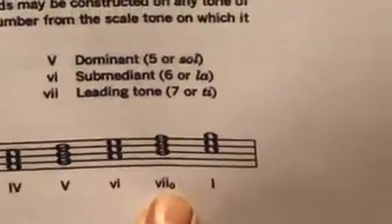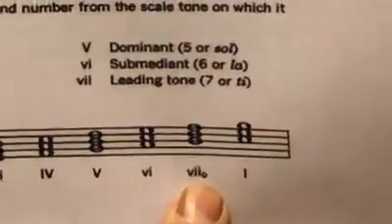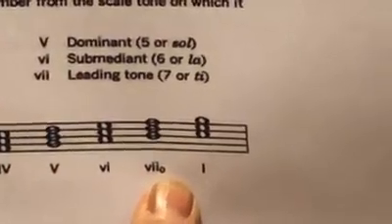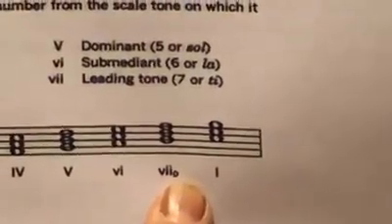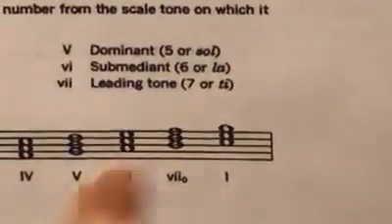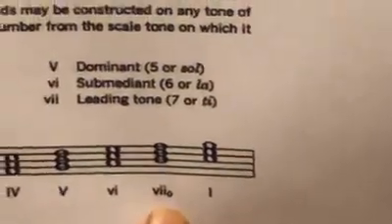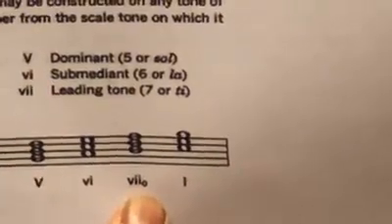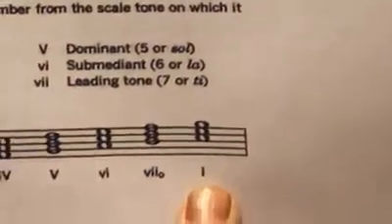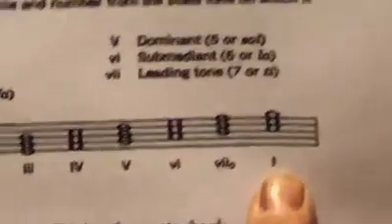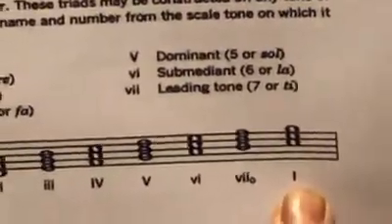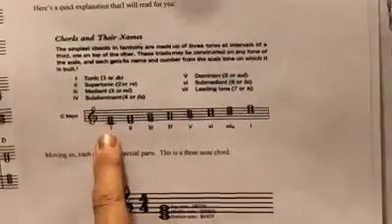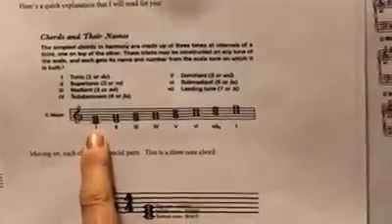And here you have an interesting symbol. The small case letters with the little o at the end. The o stands for diminished, and we'll talk about that later. It's called leading tone, the 7th of the scale, or ti, and number 1, the capital I. Number 1 of the scale again, or tonic. And so you know which ones are capital and which ones are small.